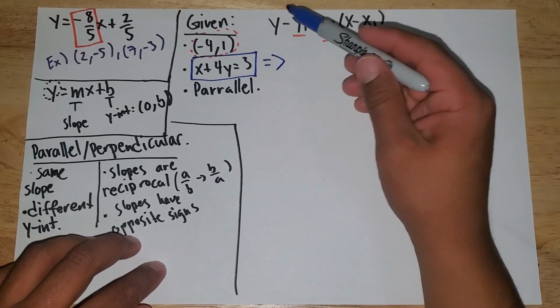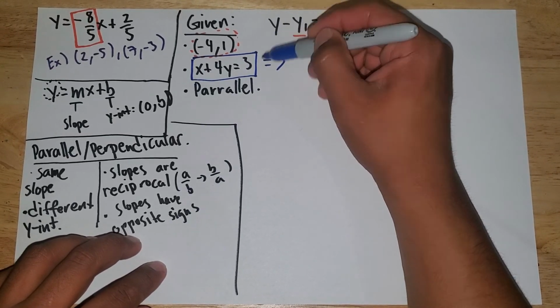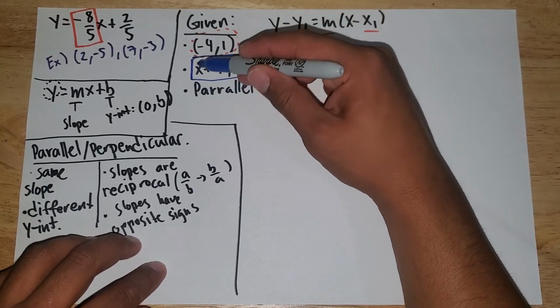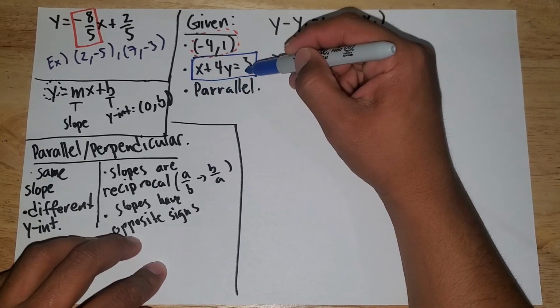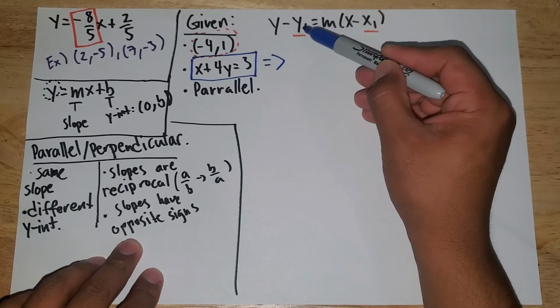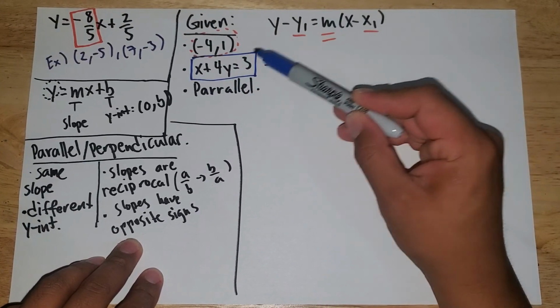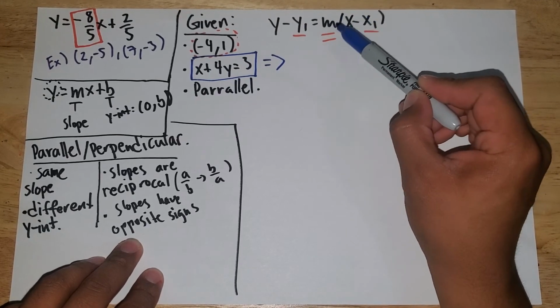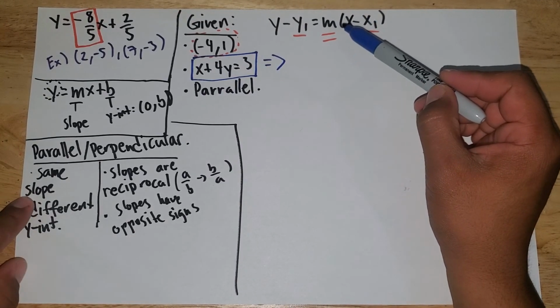Because I want this new line to be parallel to this first line, whatever the slope of this line is has to be the same one. Remember, same slope.